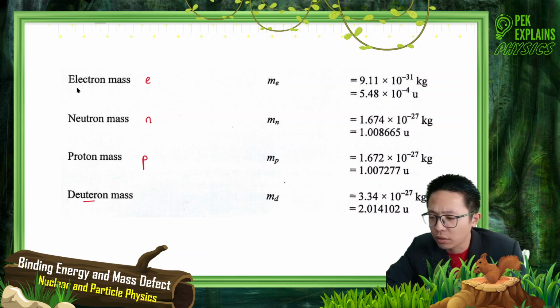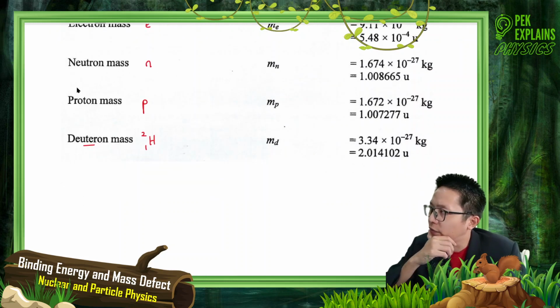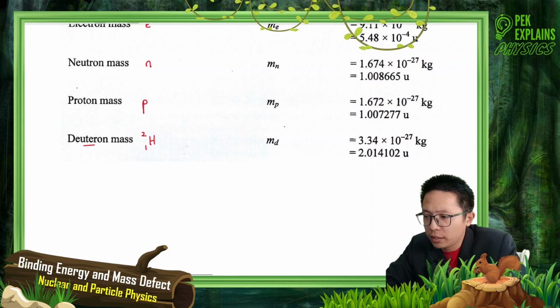What is deuteron? Deuteron actually is hydrogen 2. Hydrogen has 3 kinds of isotope: the proton, the deuteron, and the tritium.